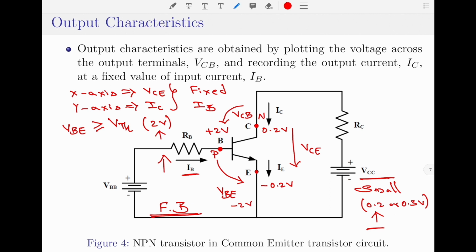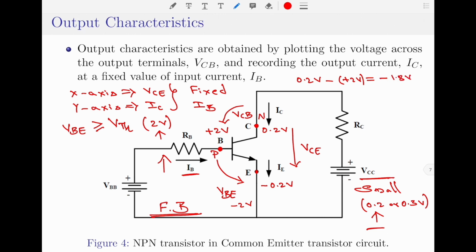If I now compare the potentials across the collector and emitter, the collector is at 0.2 volt potential and the emitter is at plus 2 volt potential. So, the effective potential difference between the collector and emitter is now minus 1.8 volt.